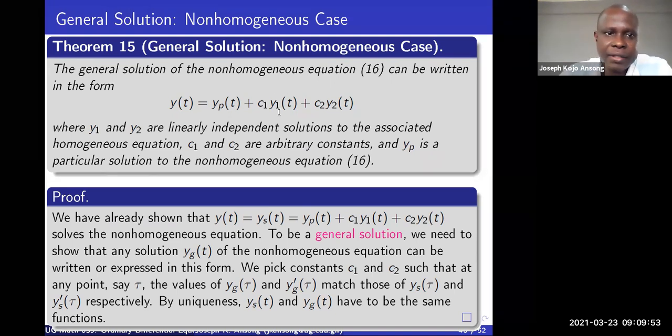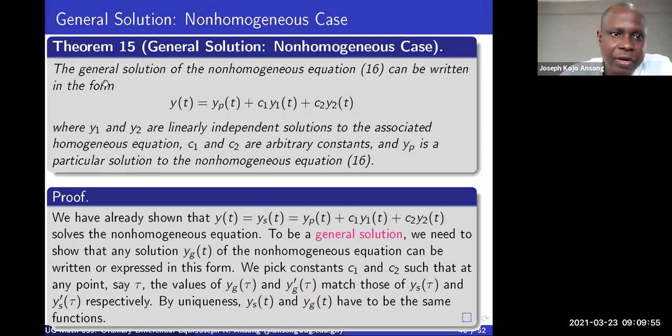What do we mean by that? So we couch this in a theorem that the general solution of the non-homogeneous equation 16 can be written in the form y of t is equal to yp plus the complementary solution, where y1 and y2 are linearly independent solutions, or the fundamental set of solutions to the associated homogeneous equation. C1 and C2 are arbitrary constants, and yp is a particular solution to the non-homogeneous equation 16.